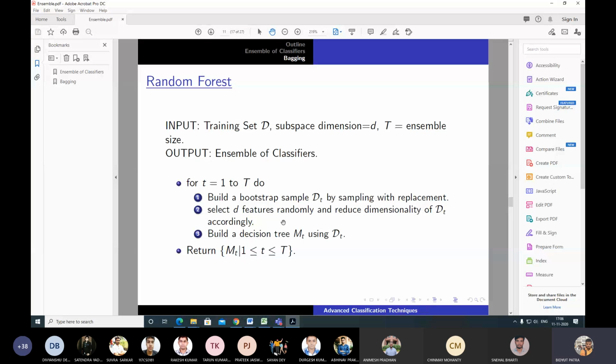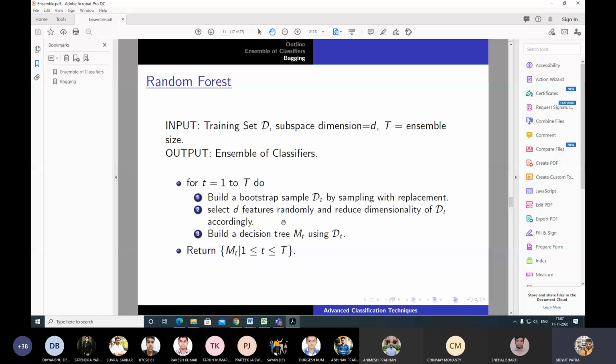Similarly, you take a different bootstrap sample, apply another decision tree, and pick another 5 different features. You have multiple decision trees, each built over a subset of the features, not all the original features. Then you combine these results.